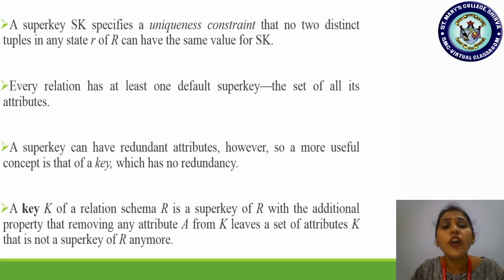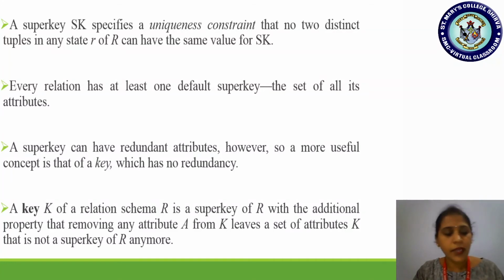Or if you remove the other two, name as well as age. So if you remove any of the attributes in that set, the set doesn't remain a super key. Are you all understanding? Whether you remove one or many attributes in that subset, that particular super key doesn't remain a super key.